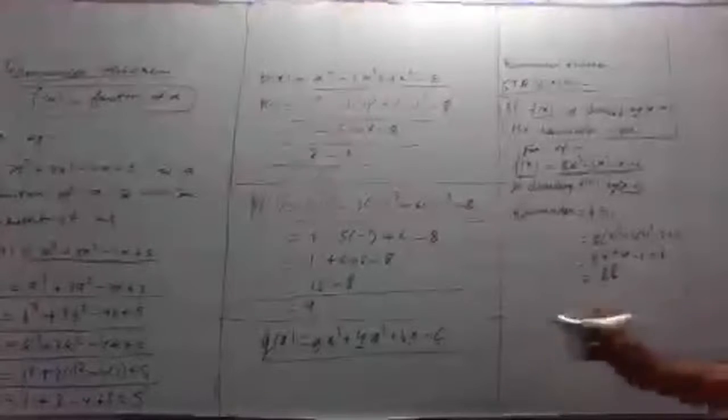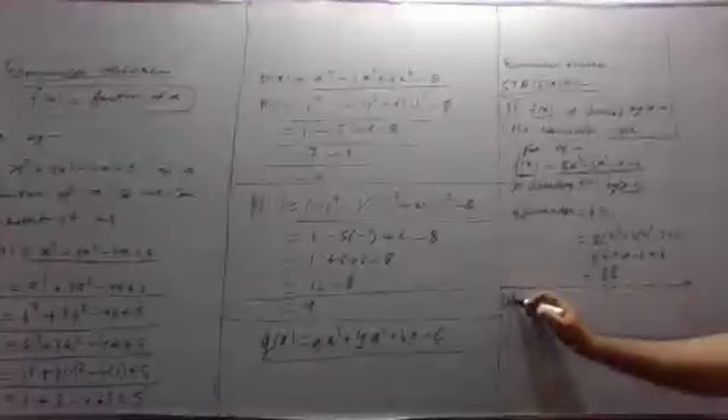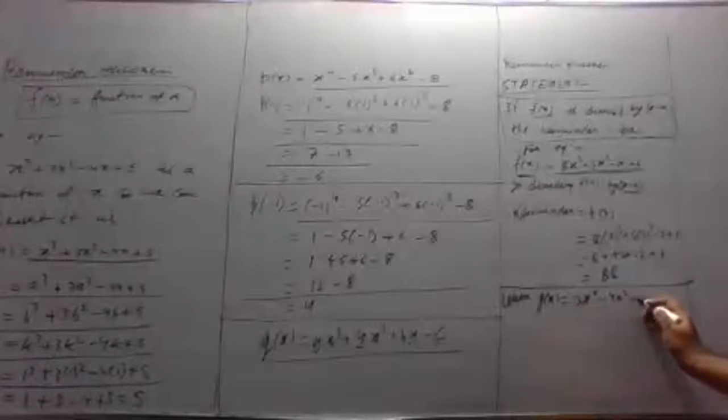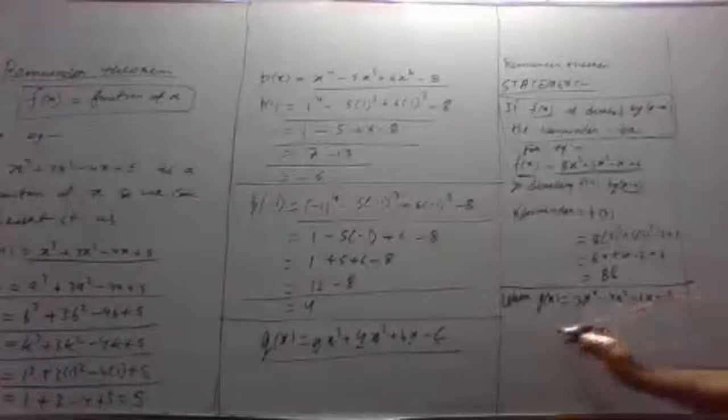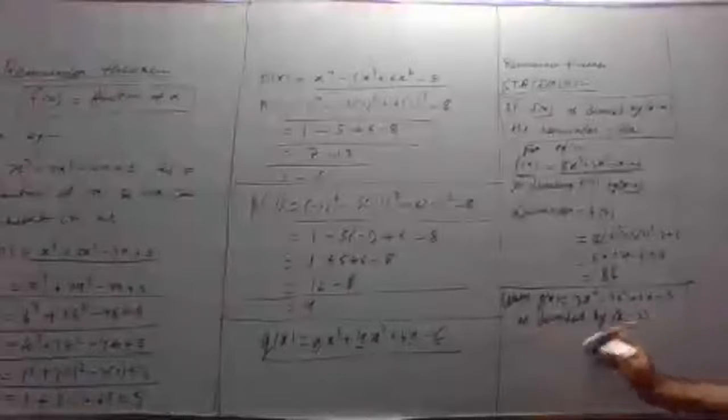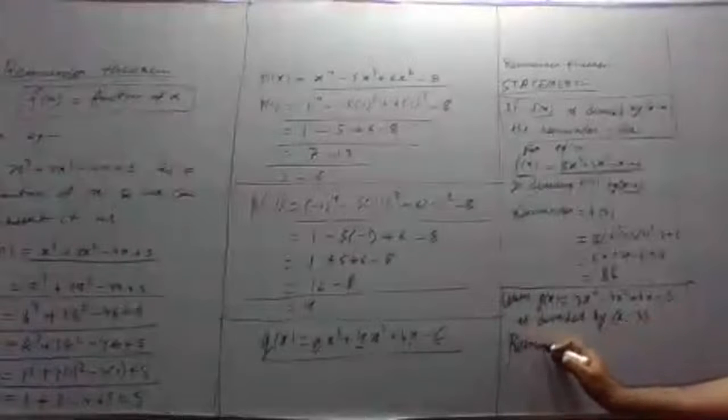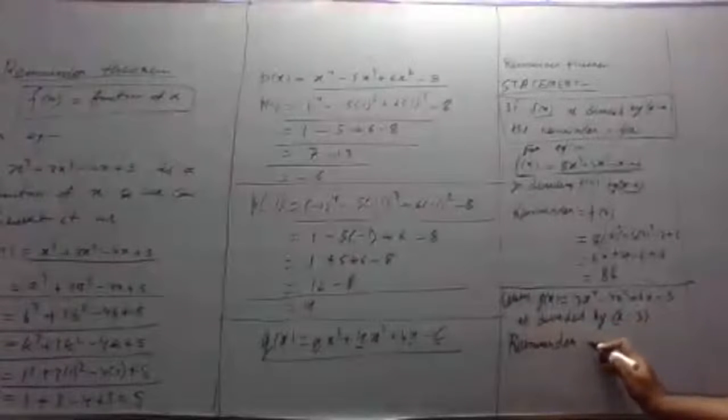I am giving you one more example. When g(x) equals 3x to the power 4 minus 4x square plus 6x minus 5 is divided by x minus 3, remainder equals g(3), means in place of x we write 3.